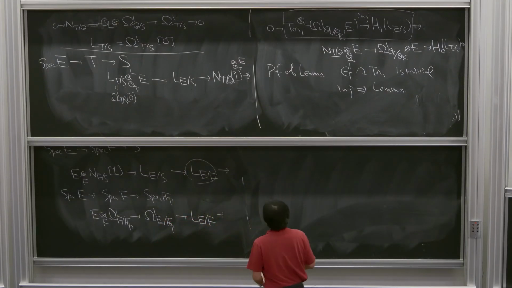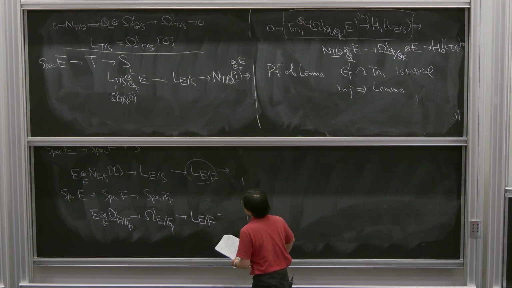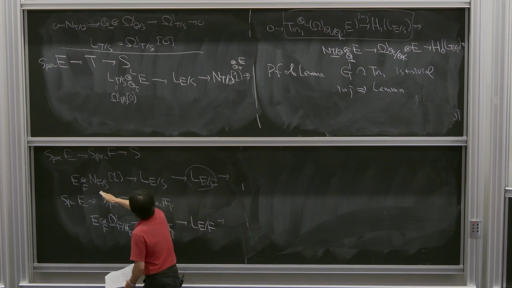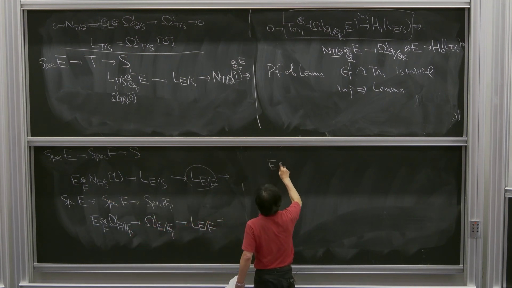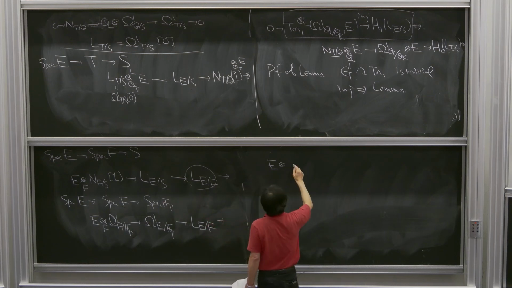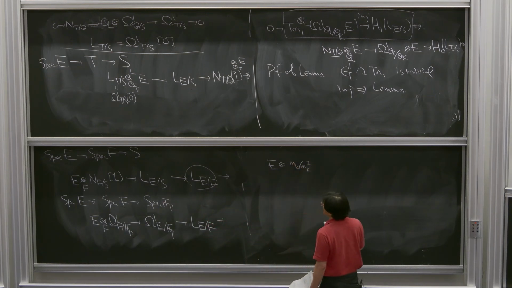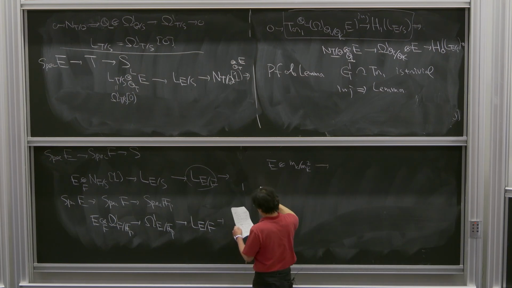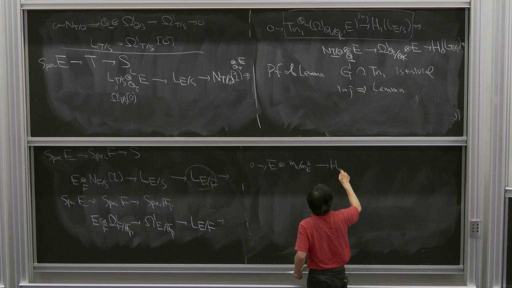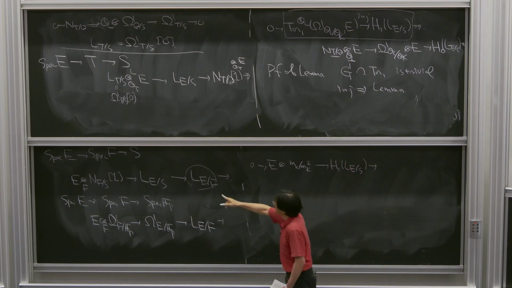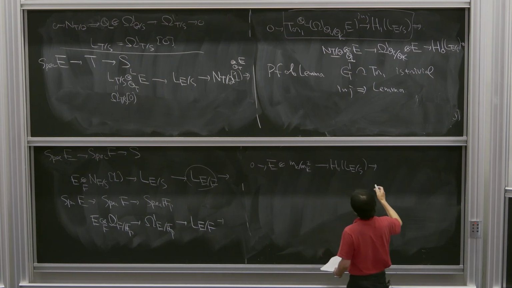Okay. So combining these two together, we start from here. So E tensor. This N over S is just this heuristic tangent space. And then now we get to H1. And the next one is this.